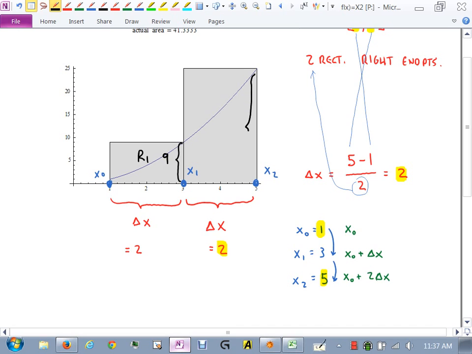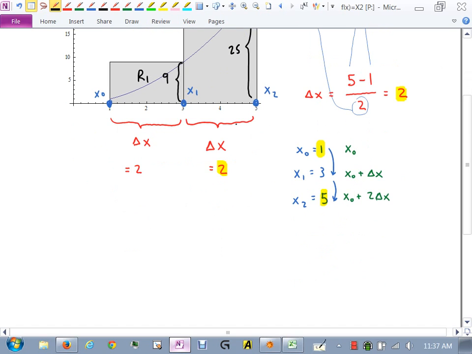What about this height? So that's 5 being plugged into our function. Our function is x squared. 5 squared is 25. So would you agree that this 9 is actually equal to f of 3, yes? Which is the same as f of x1, right?